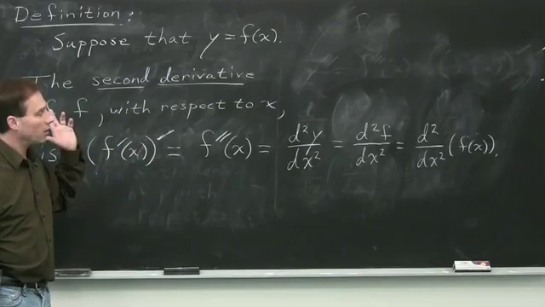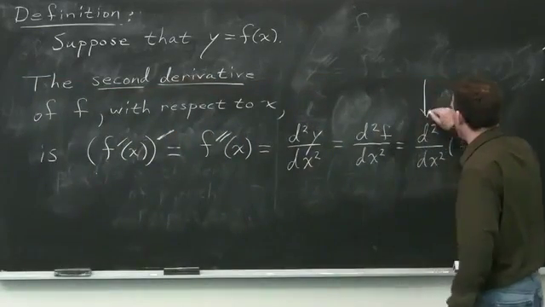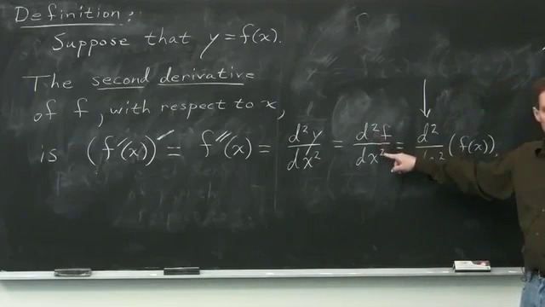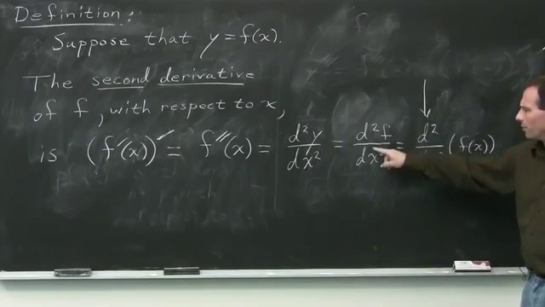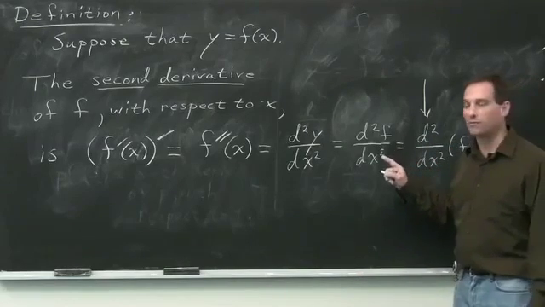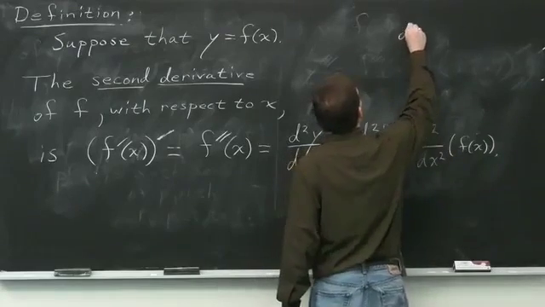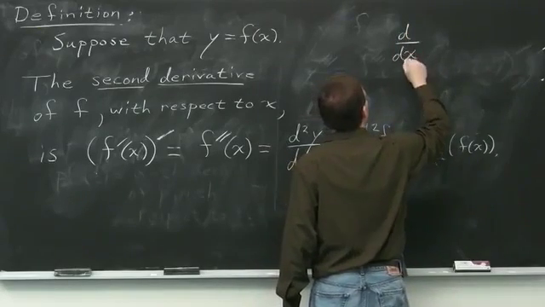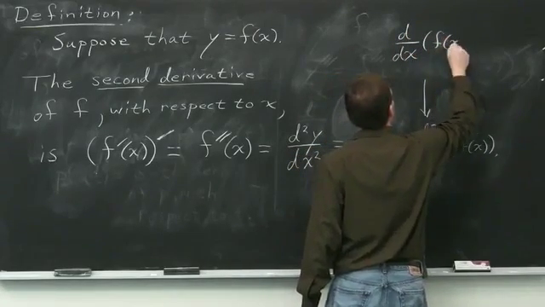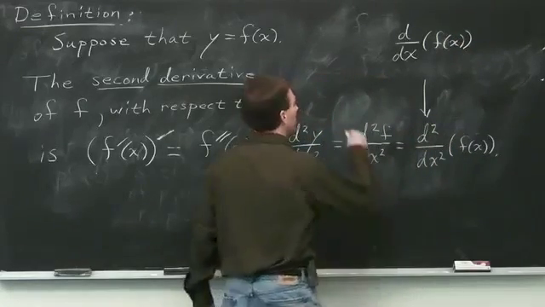All right, why is this notation like this? Why are the 2's where they are instead of both over here or both over there? It's because we're thinking of applying the differential operator d dx twice. So if you do d dx to f of x, that's the first derivative of f with respect to x.